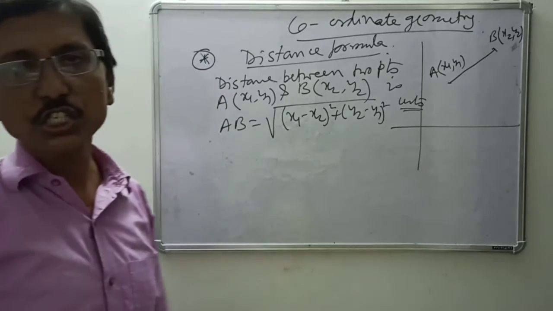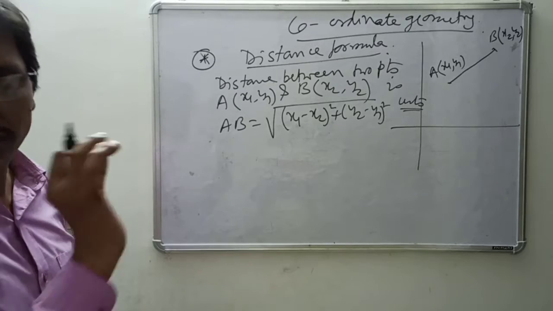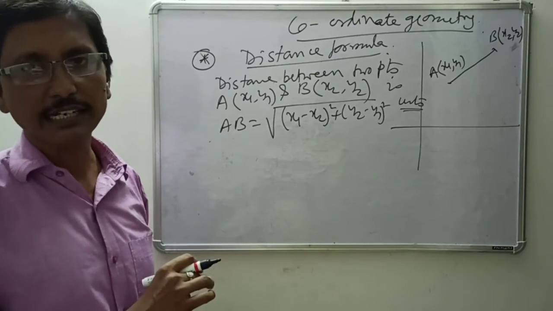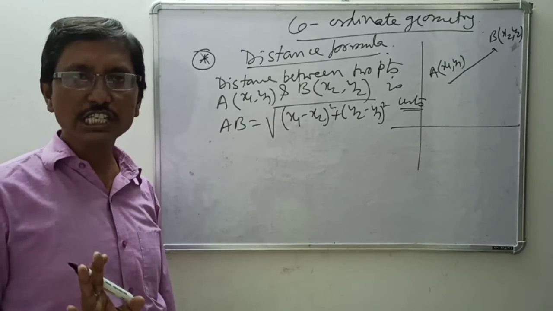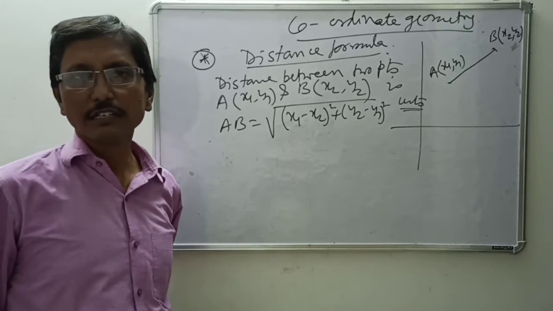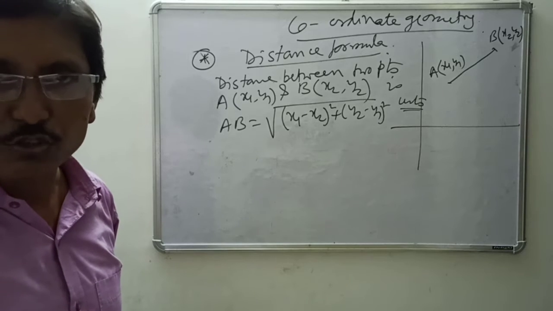If all these 3 distances are equal, then we can say this is an equilateral triangle. Sometimes it may be proved as an isosceles triangle. If you find all 3 distances and see that 2 distances are equal, that means isosceles.